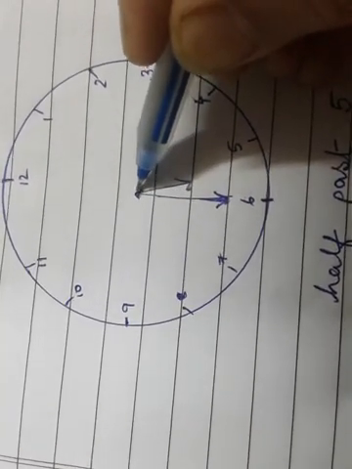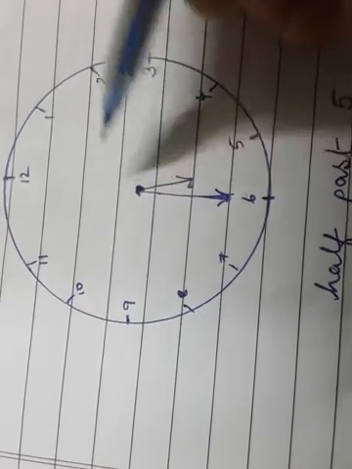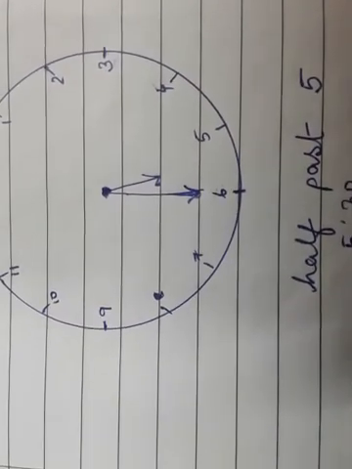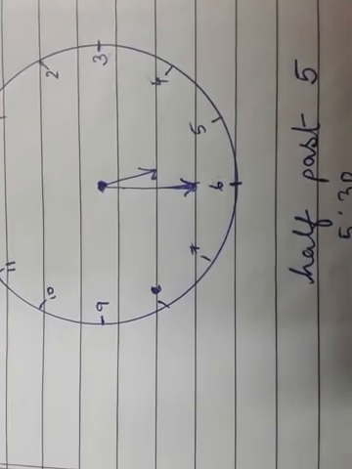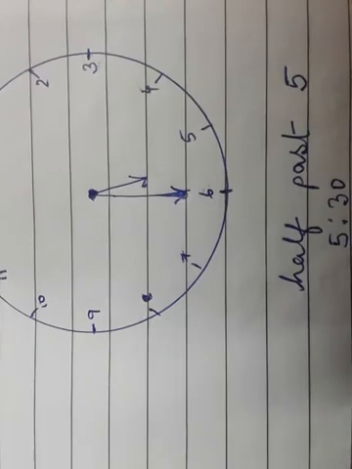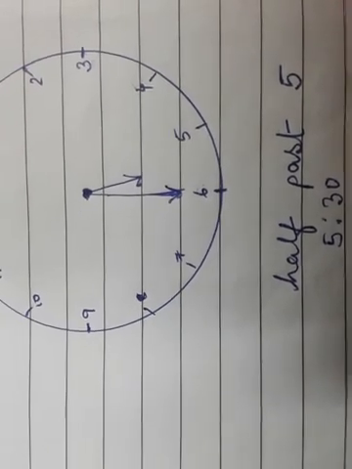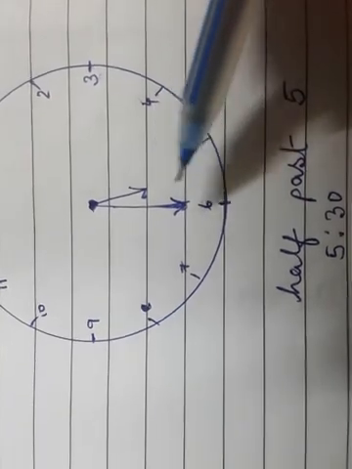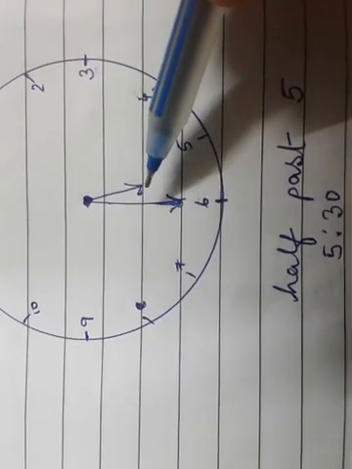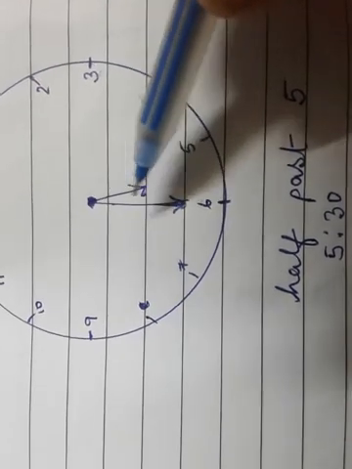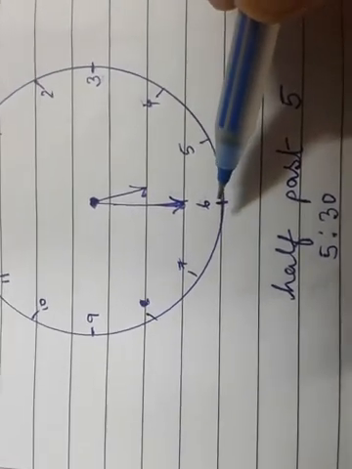The line is not straight because I am holding the mobile also with another hand, but you will have to make it straight. Okay, I have not used a pencil also so that I can erase and redo this. So this is 5:30. The short hand between 5 and 6, and the long hand, the minute hand, towards 6.